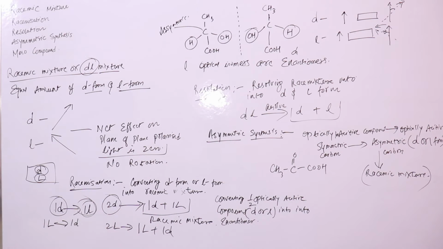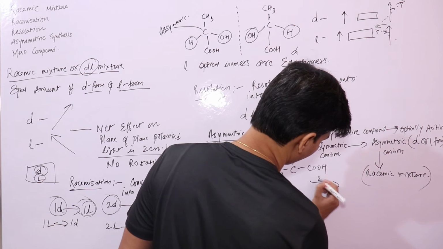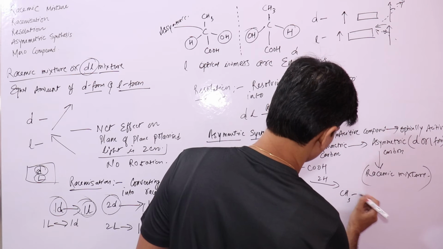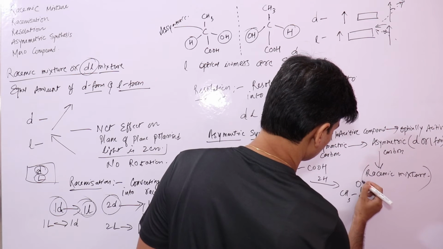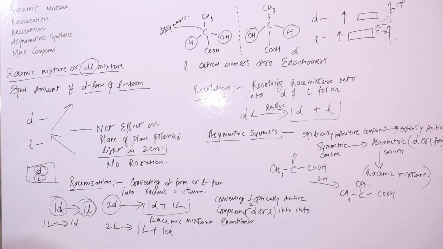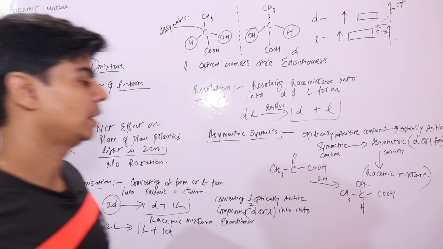So in order to get an optically active compound, if I try to convert this pyruvic acid into an optically active compound, say if I reduce it, this is what I will get.